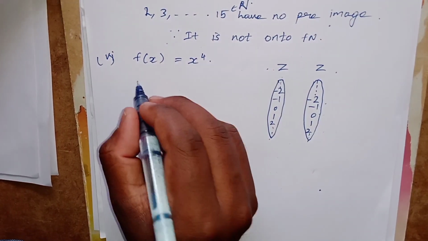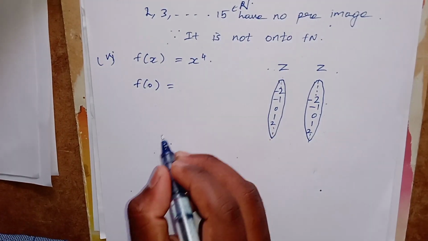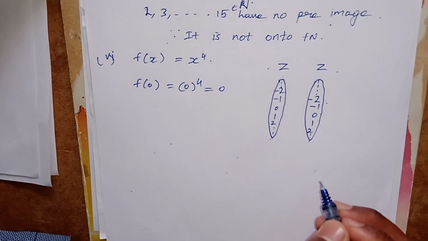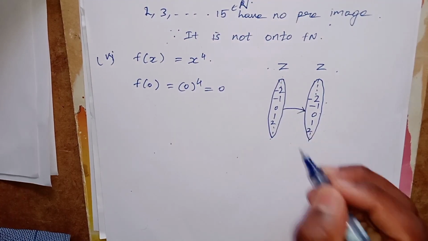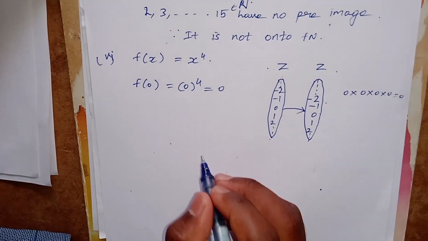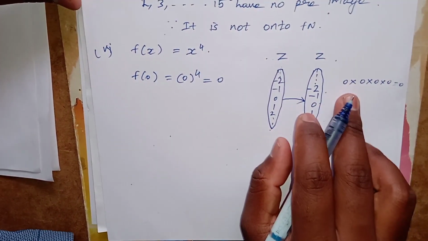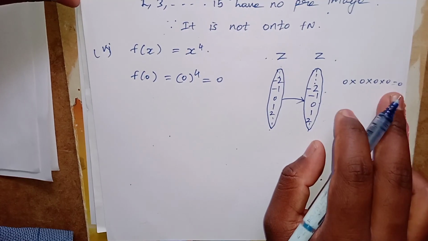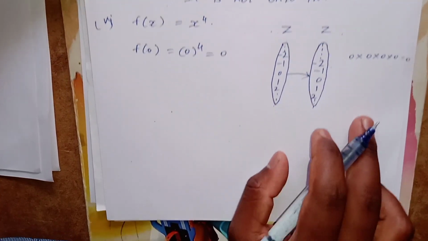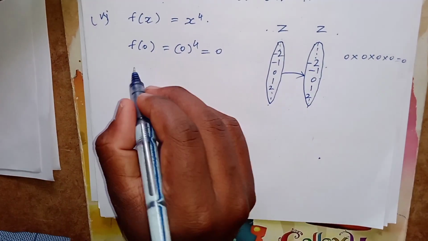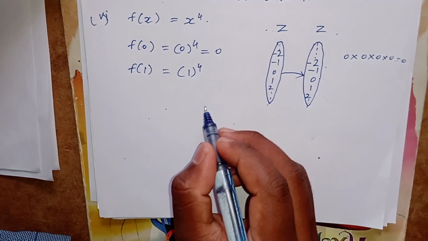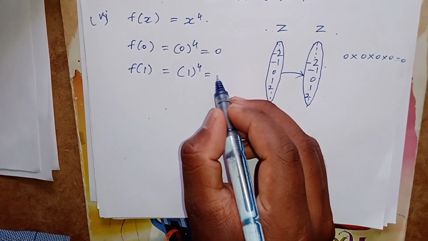I am taking f of 0. f of 0, 0 power 4 equal to 0. If you multiply 0 into 0 into 0 into 0, equal to 0 only. If you multiply 0 many times also, you will get the answer 0, because 0 into anything is 0. Next I am taking f of 1, 1 power 4 equal to 1.